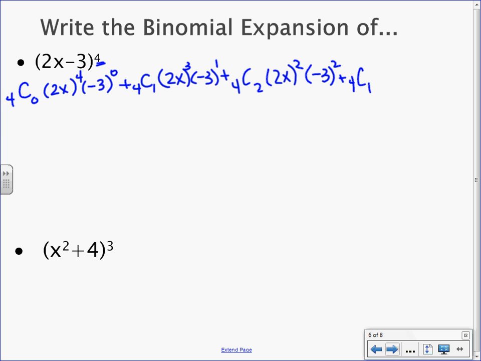Plus 4 combinations of 3. Now we have 2x to the first and negative 3 to the third. Notice how whatever we have for r matches the coefficient of our second term of the binomial. And then plus 4 combinations of 4, 2x to the 0, negative 3 to the fourth.